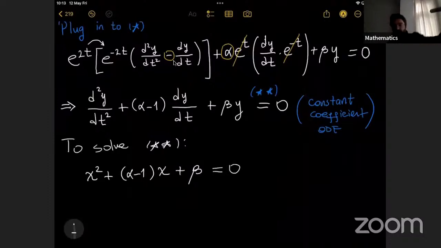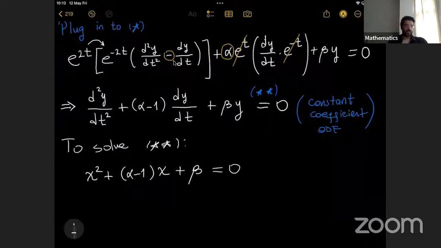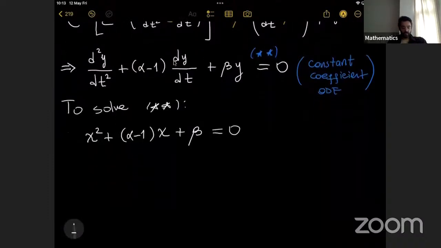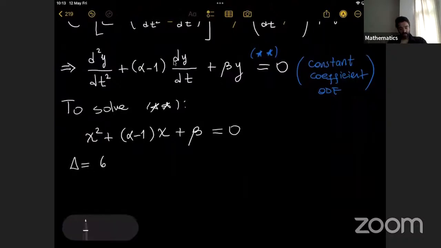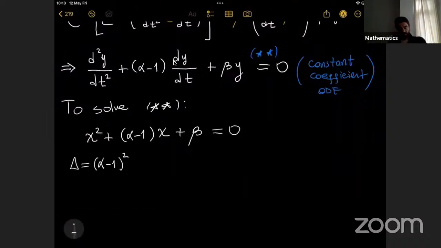Well, we will find the roots. You use the quadratic equation. First of all, we find the discriminant. The discriminant is alpha minus 1 squared, b square, minus 4 times a times c, which is 4 beta.